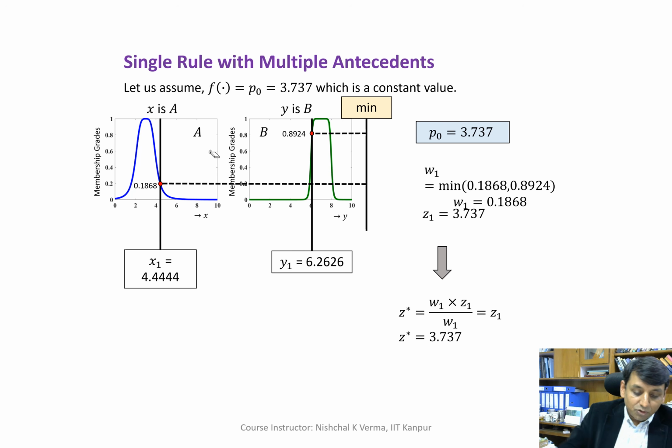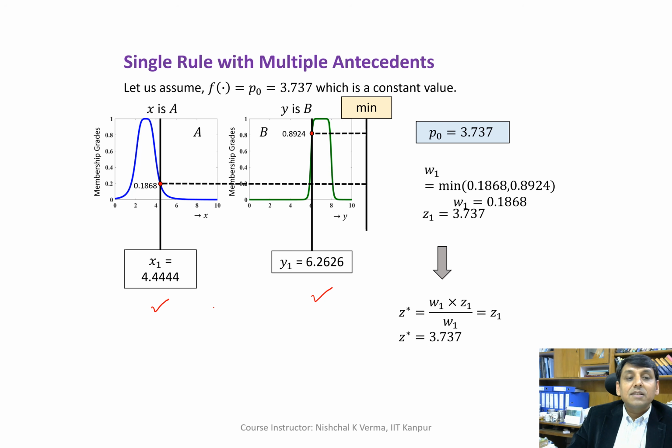So let us assume that we have the input value x1, which is a crisp value, x1 is equal to 4.444 and y1 is equal to 6.2626. So let us assume these two crisp values as the input values. This is arbitrary; you can have any other value. And please remember that we take only those values which are going to intersect the fuzzy sets A and B. Why?